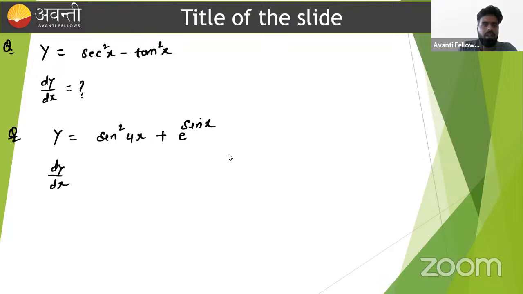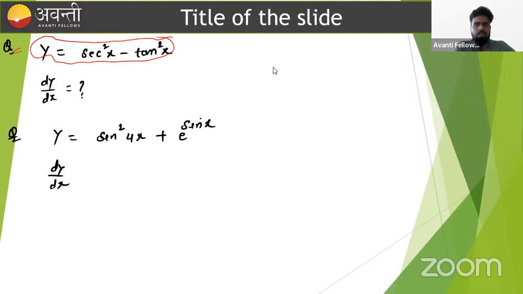Okay, beta, what is the answer of this problem? Anybody in the chat box, comment what is the answer of this problem? Come on, guys. Come on. What is the answer of this problem? Please give me the answer in the comment box.